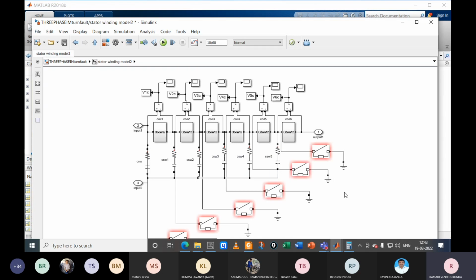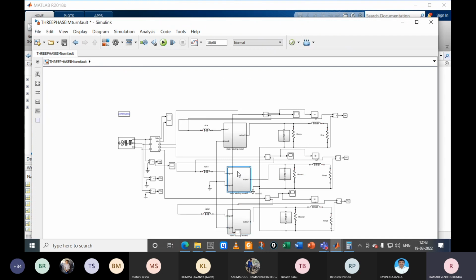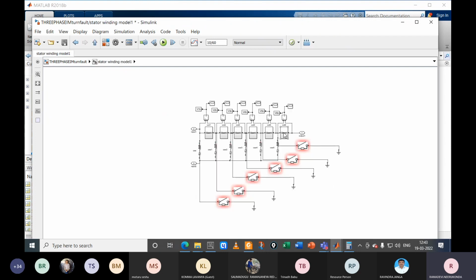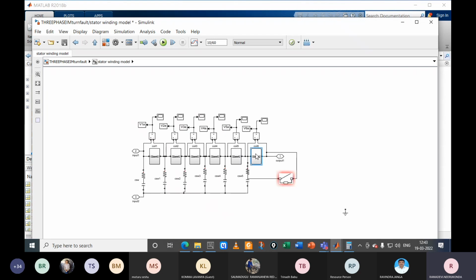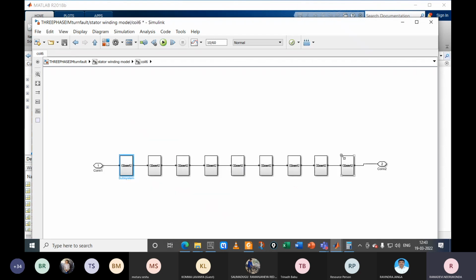Here also we represent it in a similar way. The rest we represent as lumped, and only here we represent the turn-level representation, with 54 turns for each coil.